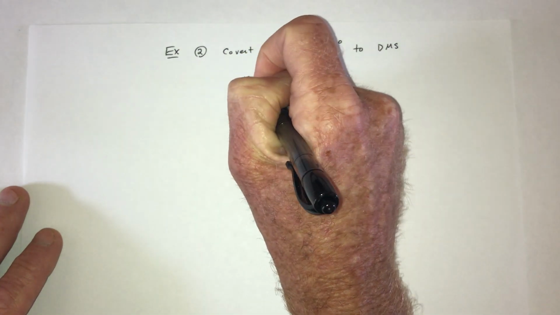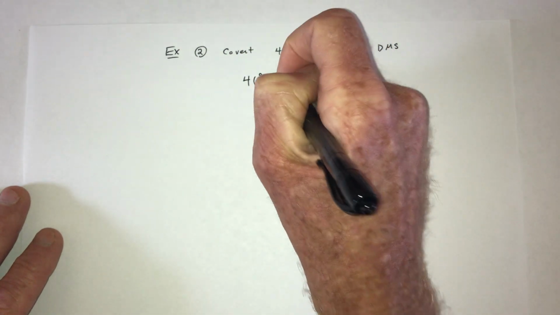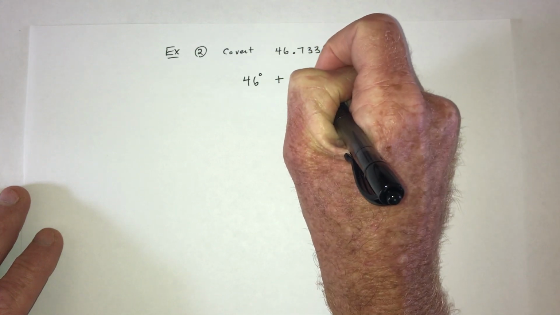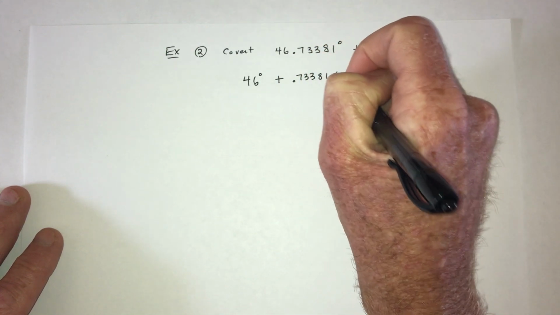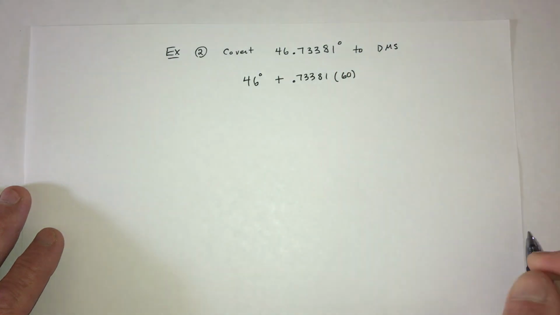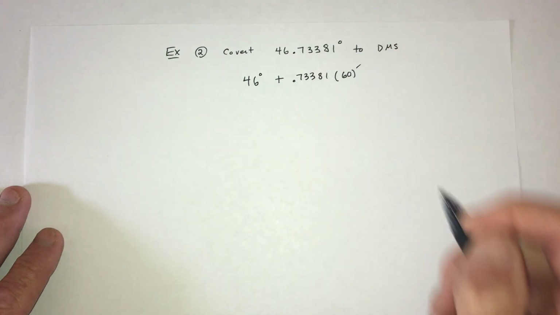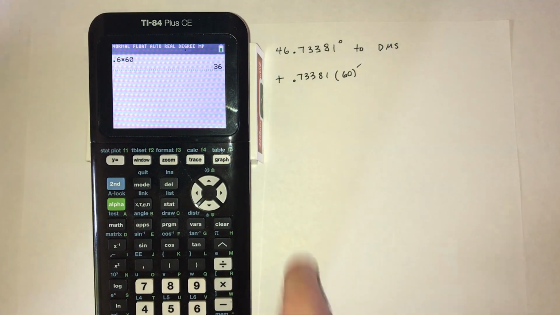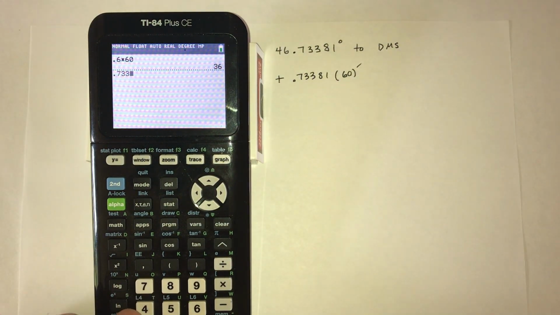So you just take off the whole number part, that's going to be degrees. Then you take the decimal part and you multiply by 60. And then this is going to be in minutes. So really I just need to know what's the decimal part, 0.73381 times 60.